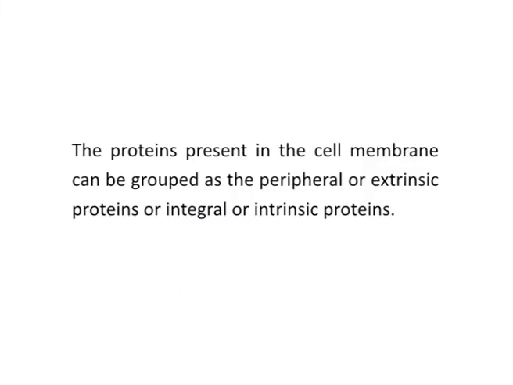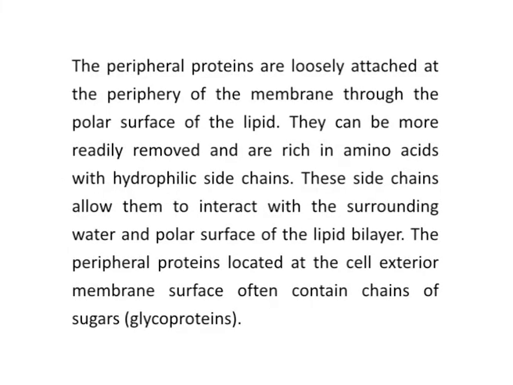The proteins present in the cell membrane can be grouped as peripheral or extrinsic proteins, and integral or intrinsic proteins. The peripheral proteins are loosely attached at the periphery of the membrane through the polar surface of the lipid.